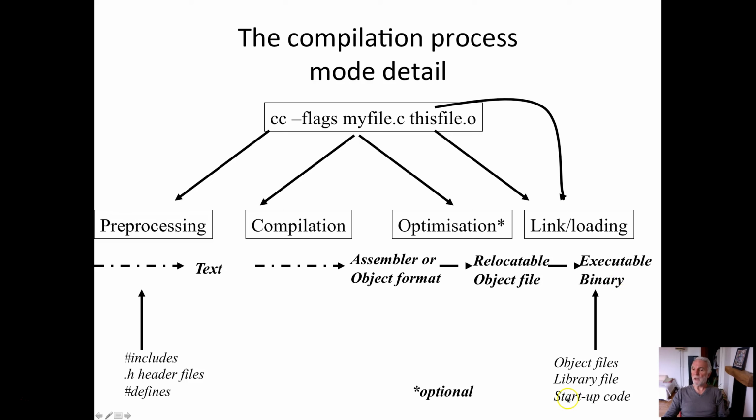And particularly important from our point of view is startup code, but library files we'll see later on are very, very important. And then at the end of this process, you possibly will get a set of warnings. You may get some errors, in which case you won't reach the end of this process. And hopefully you'll get an executable binary.